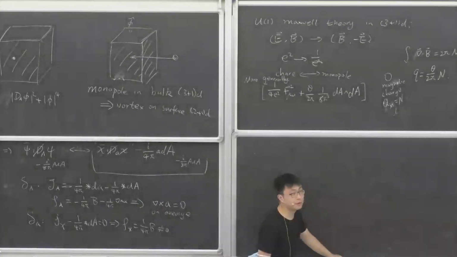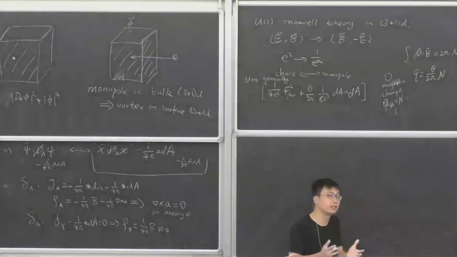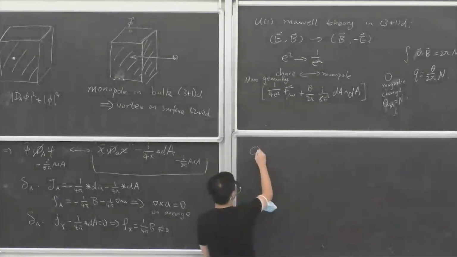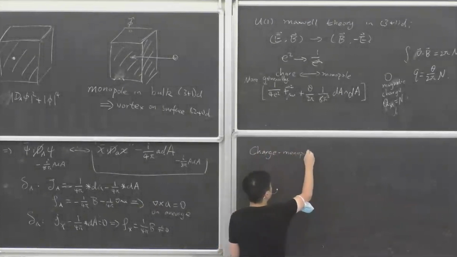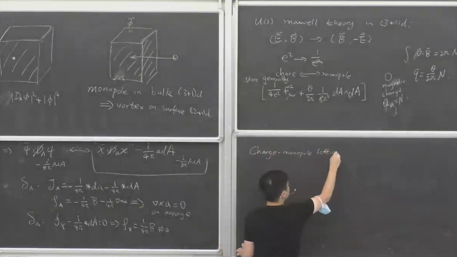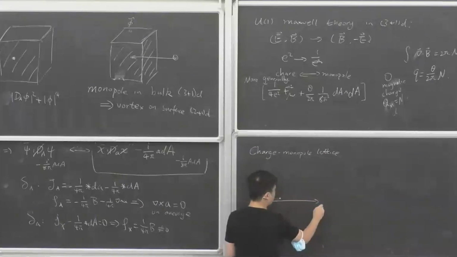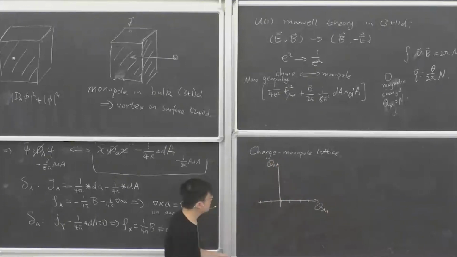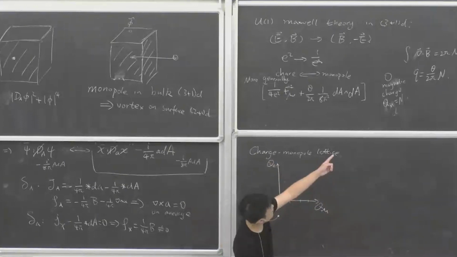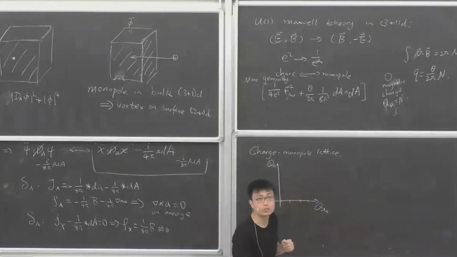This means that if I now count what type of excitation I have, there is something called the charge monopole lattice. Essentially, I can think about my magnetic charge, Qm, which is quantized in integers. And then I can talk about my electric charge, Qe. Well, they are integers, except if my particle also carries magnetic charge, the Qe will shift by that amount.